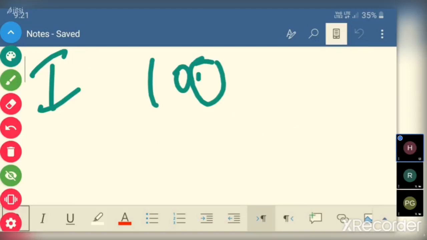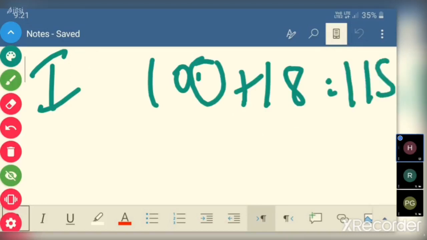Now tax thereon is 18. So output value is 118. Now this 18 rupees, the initial seller will remit to the government. Done.